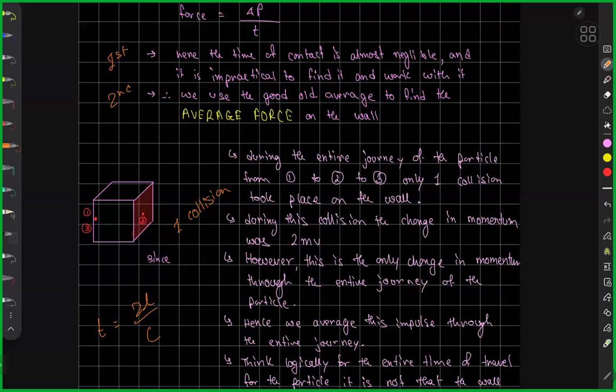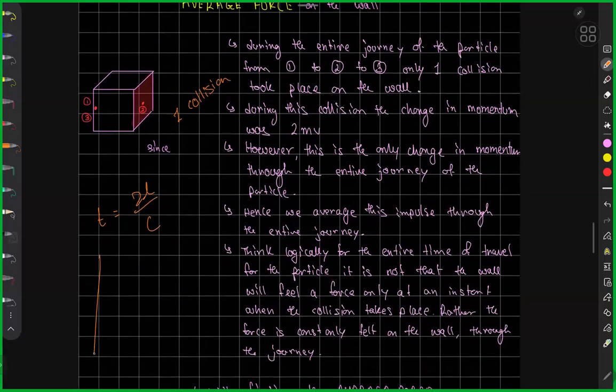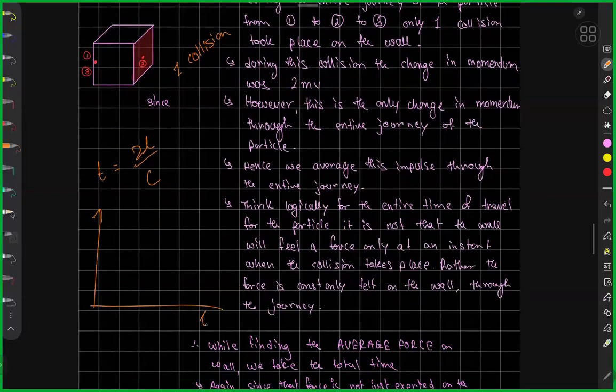Now, it is not that the force on the wall, if I model it with respect to time, is zero for the entire journey, and all of a sudden there's a spike in force, and all of a sudden the force decreases to zero. This is not something that happens in real life. The force on the wall is pretty much constant, not entirely constant. It will be something like this. The force on the wall is pretty much constant.